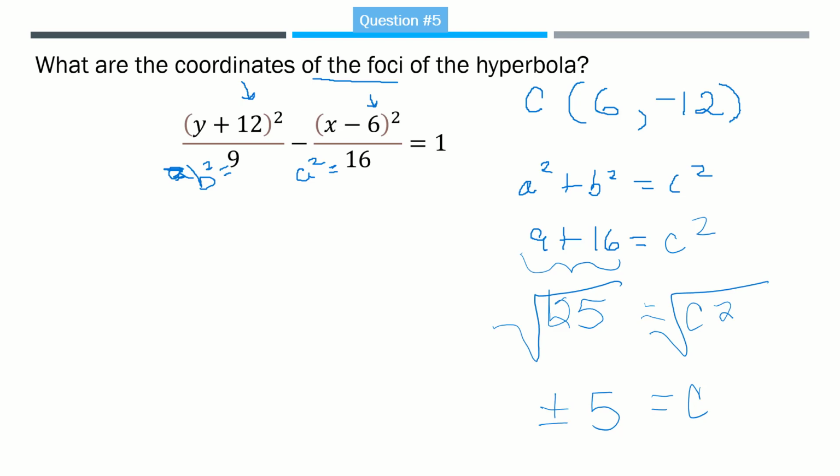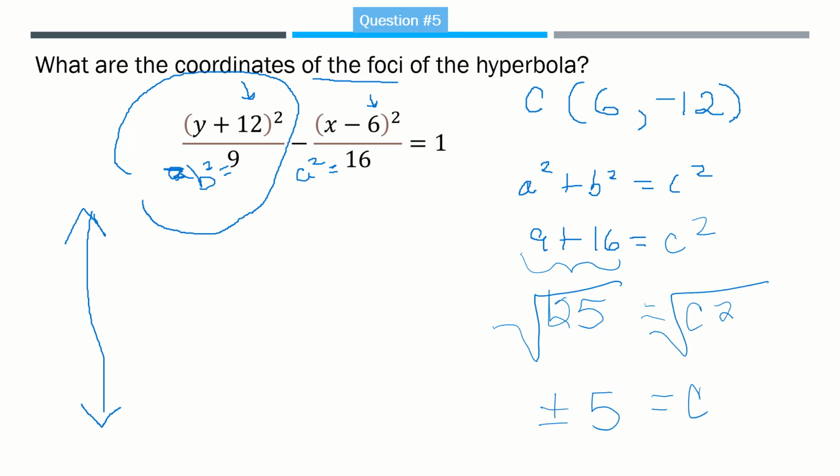All right, now we're going to start with the y. Okay, we have a line that's parallel to the y-axis for this hyperbola.